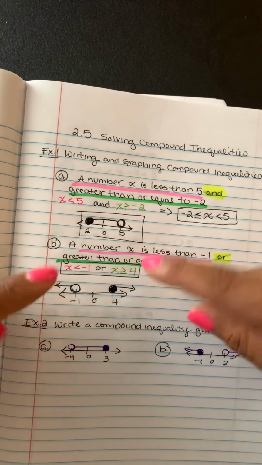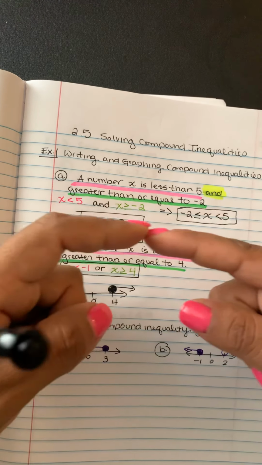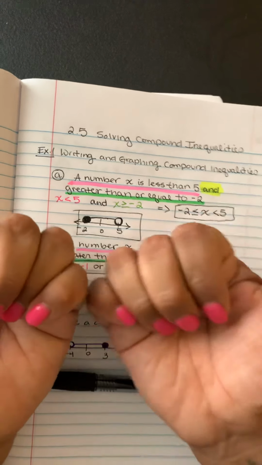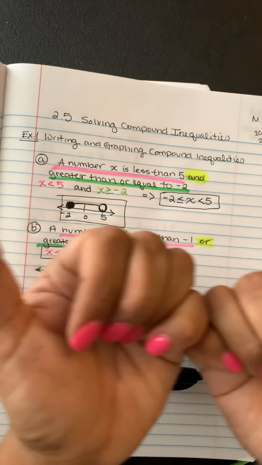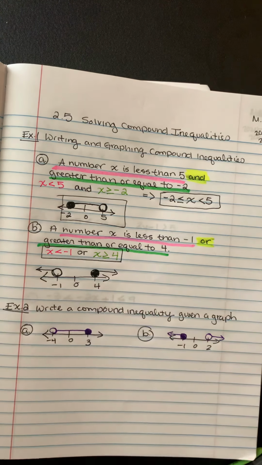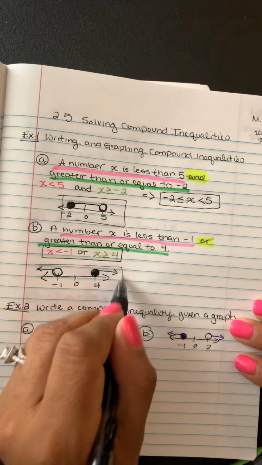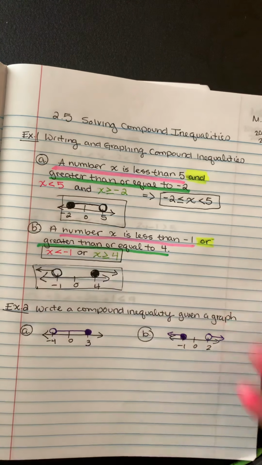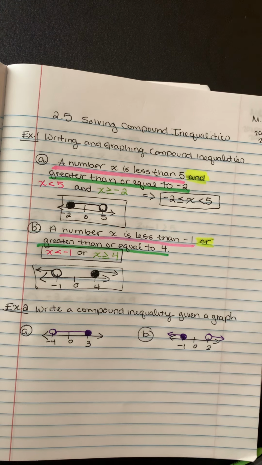The ands, they're connecting, okay? Your ors, one is to the left, the other one is to the right. Or, they're in opposite directions, okay? So if you have an or and the graph looks like that, you know you did something wrong. Okay, so let's move on to write a compound inequality given a graph.